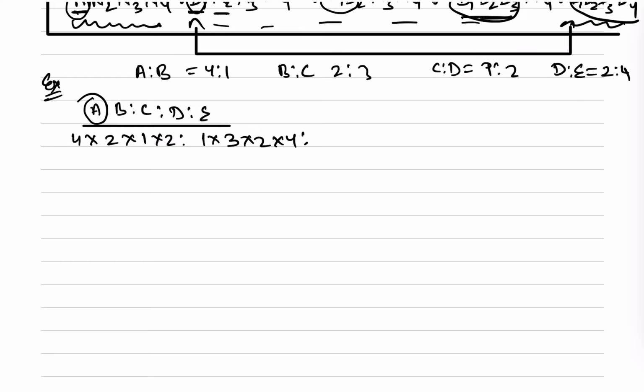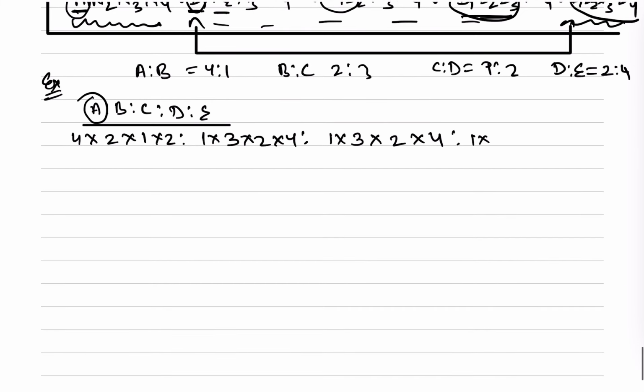Then I'll take d1 and multiply by the remaining numerators. Somewhere we have gone wrong here.